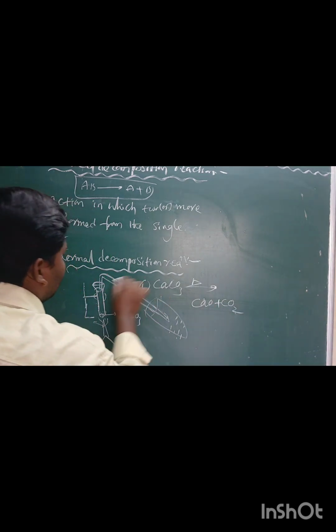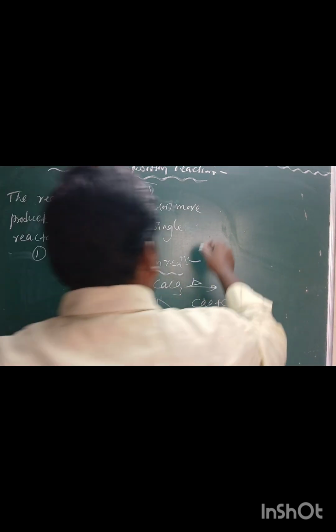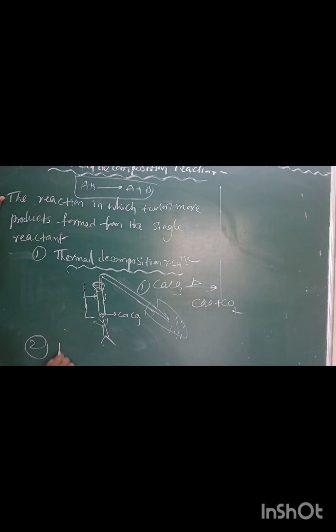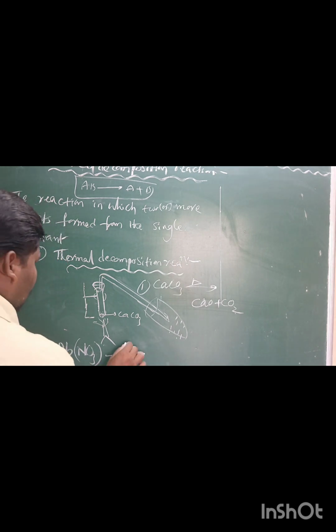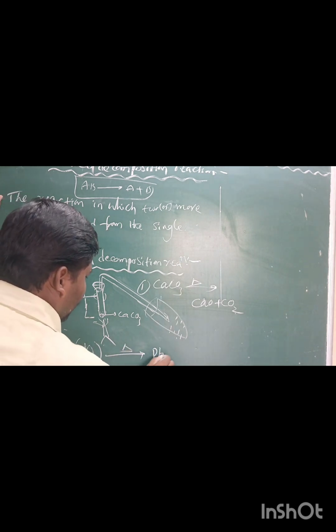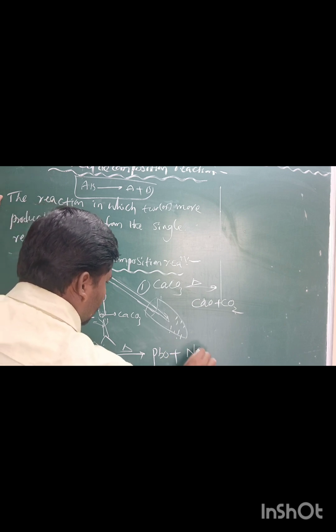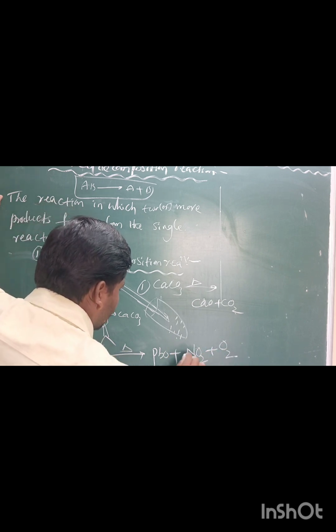One example. In the presence of sunlight, take one more example. Second example, Pb(NO3)2 taken twice, on heating gives PbO, NO2 plus O2.